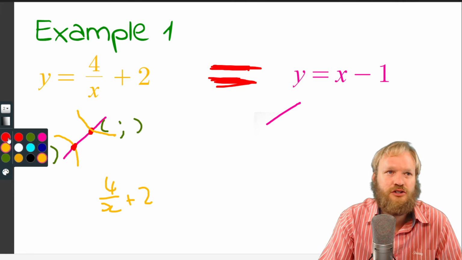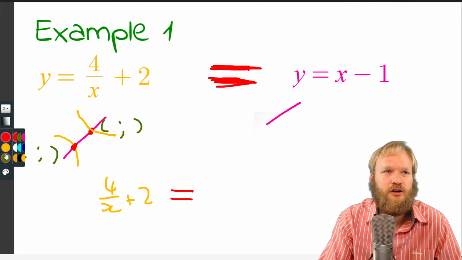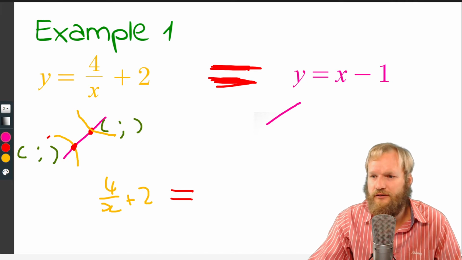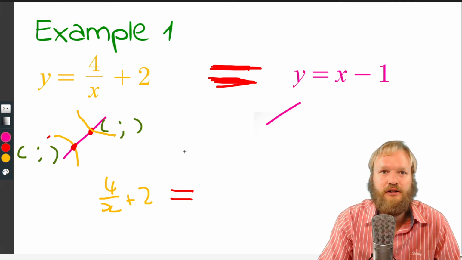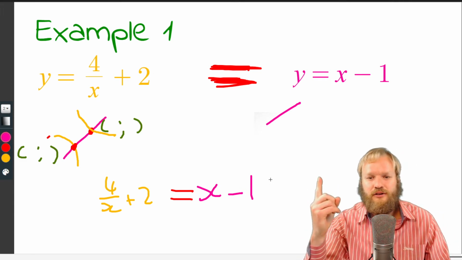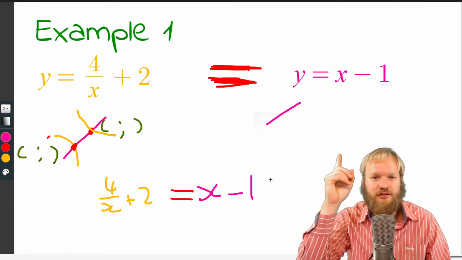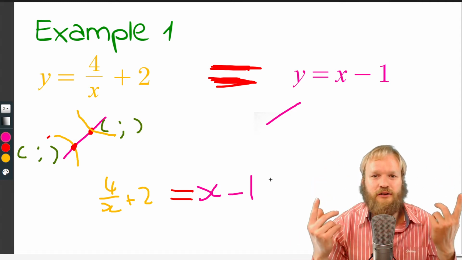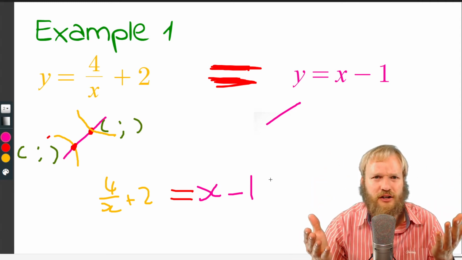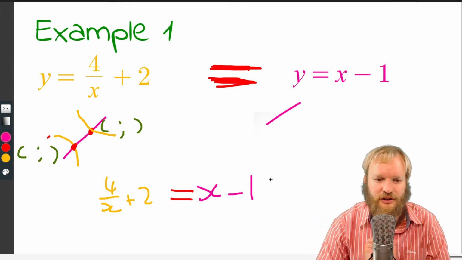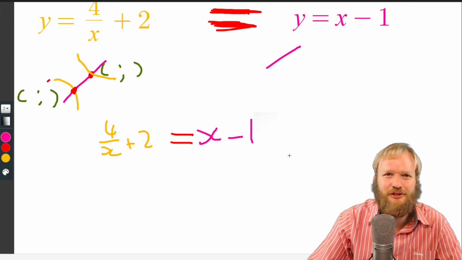When is 4 over x plus 2 equal to x minus 1? Look at that. We've gone from two equations and two variables to one equation, one variable. So you can solve that equation, right? With a bit of luck you can, but even without, you shouldn't need too much luck.